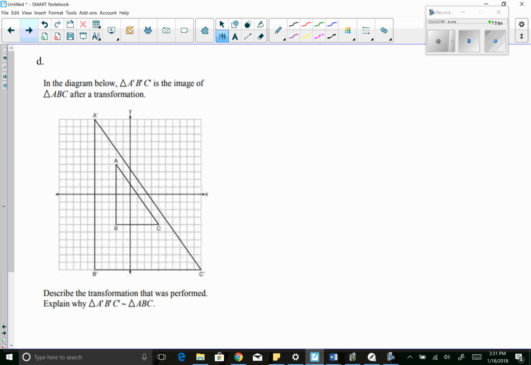Number D, this was a regions question. It says in the diagram below, triangle ABC prime is the image of triangle ABC after a transformation. The only transformation that we know that changes size is dilation. So I could say this is a dilation. And it says explain why the two triangles are congruent.